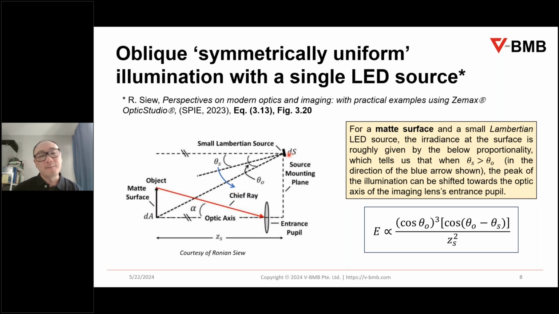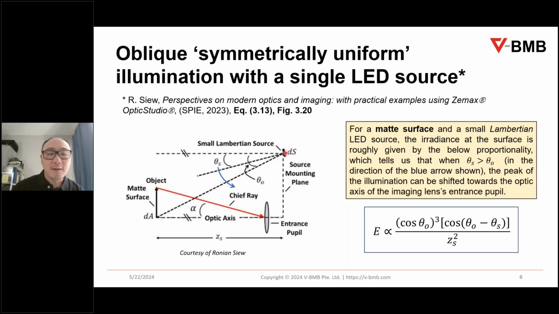If you point the source directly towards the screen, obviously right at this position, you've got the highest intensity or irradiance, and it drops off symmetrically here and here. If you're not an optical engineer, there'll be an attempt to tilt the source towards the object.